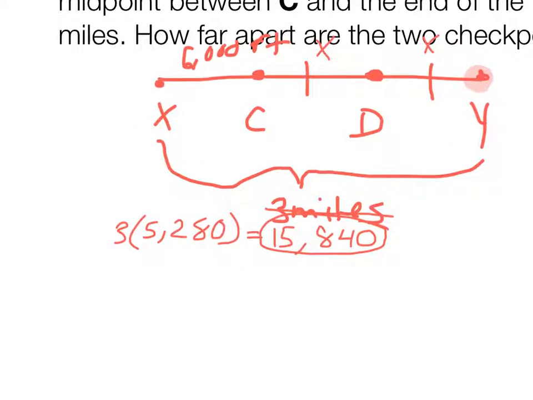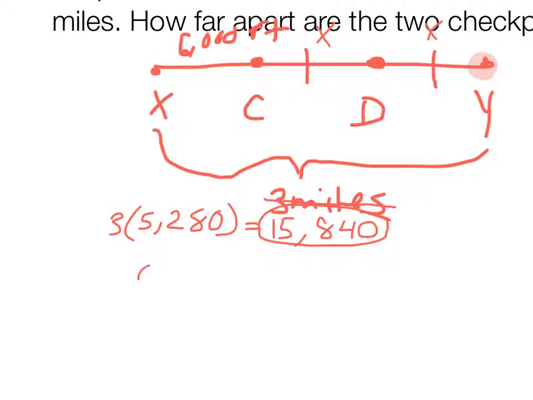So we can add all 3 lengths. 6,000 feet plus x plus x is equal to the total 15,840.